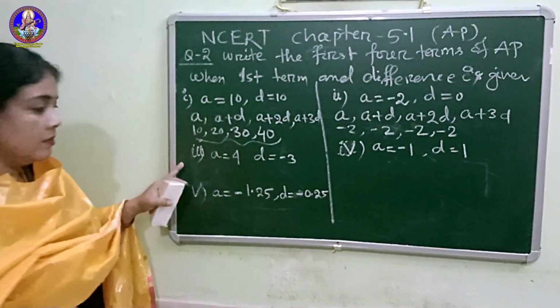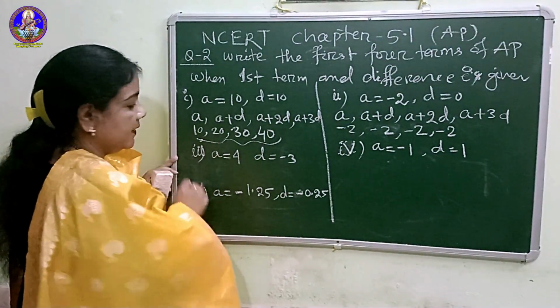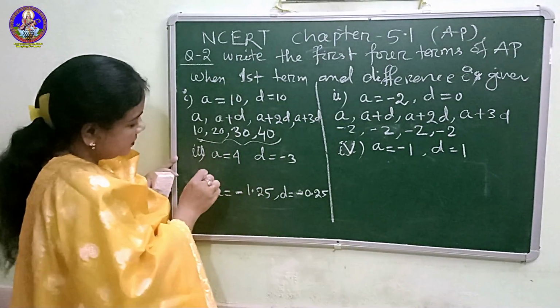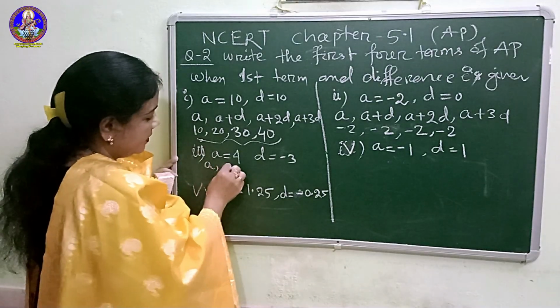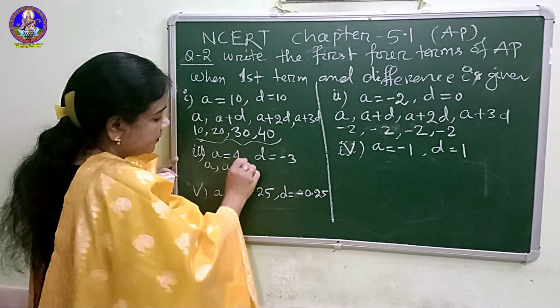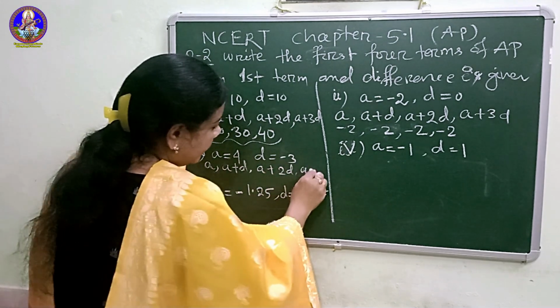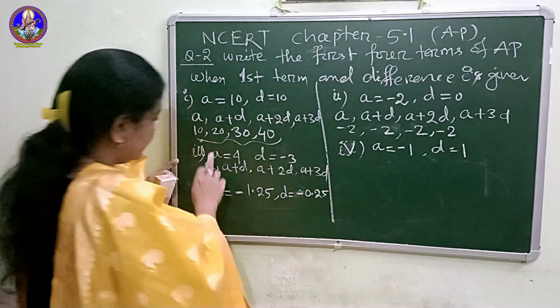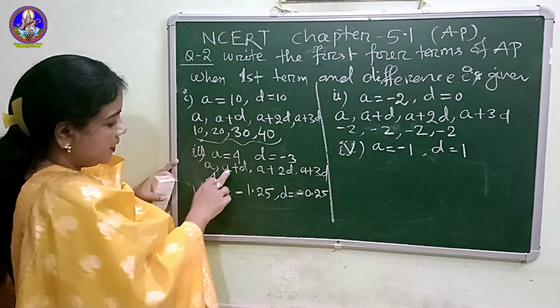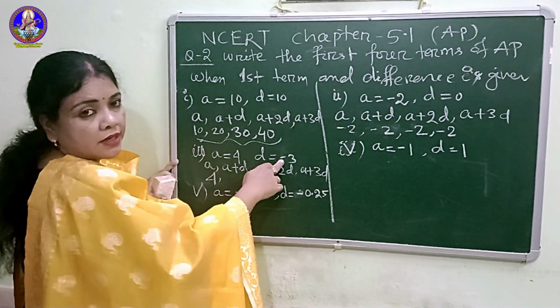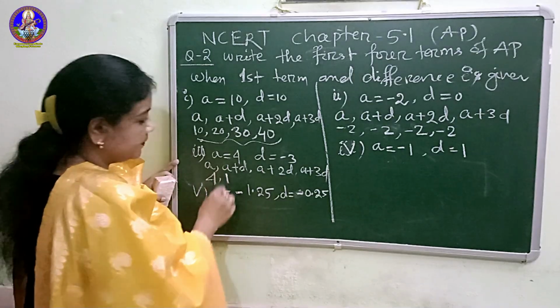Next come to solve 2iii. Here a is given 4 and d is minus 3. So a, a plus d, a plus 2d and a plus 3d. A is 4 here. A plus d means 4 plus minus 3, that is 1.